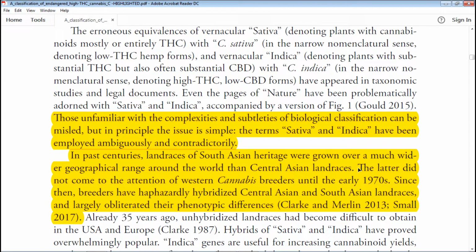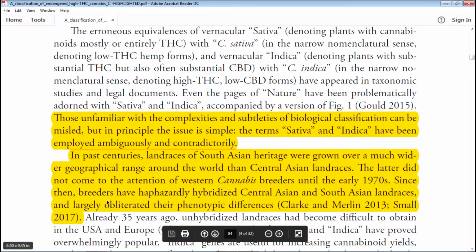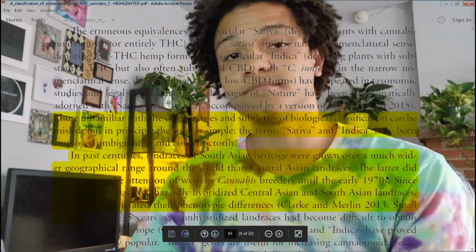The latter did not come to the attention of Western cannabis breeders until the early 1970s. Since then, breeders have haphazardly hybridized Central Asian and South Asian land races, and largely obliterated their phenotypic differences. You heard it right there too.